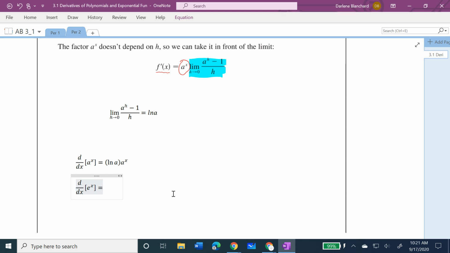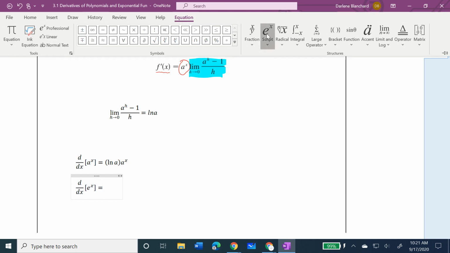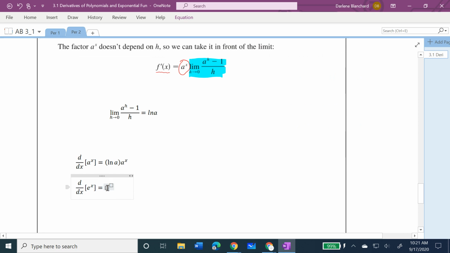What is the derivative of e to the x? I'm looking in chat. You got it, e to the x. It's so easy, it actually gets annoying sometimes.